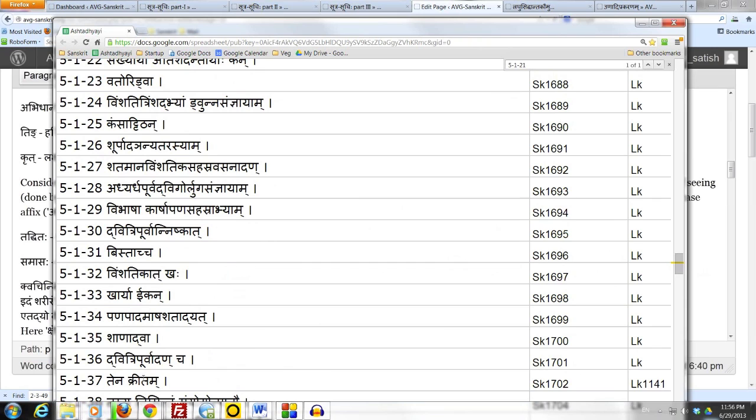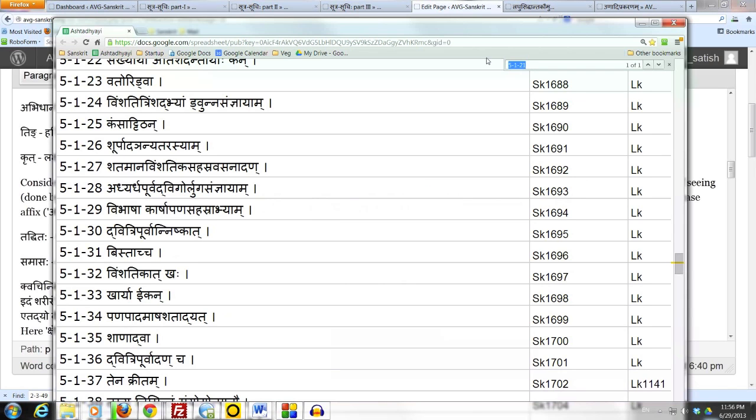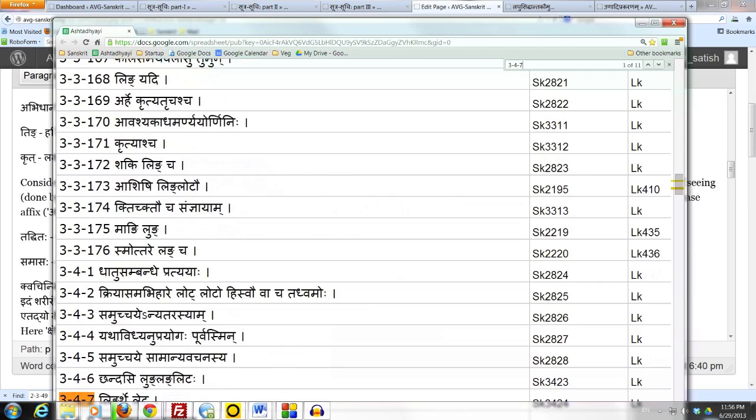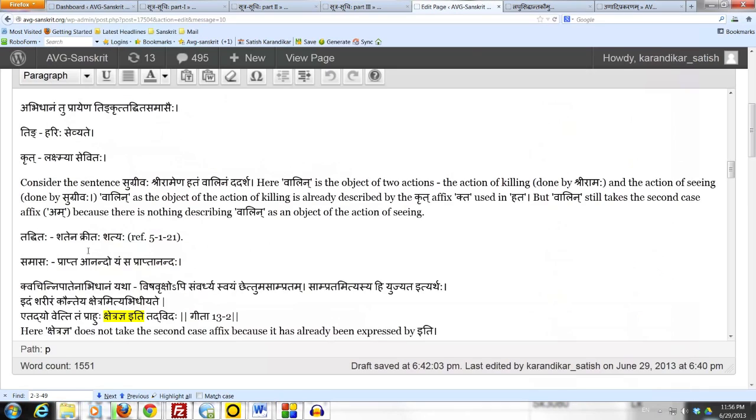The Sutram says Kritam, that the affix kta used in Kritam is in the sense of karmani by 3.4.70, Tayoreva krityakta kalarthaha. So the affix yat used in the sense of Tena Kritam already describes the object of the purchase. Hence the karma is now abhihitam, and therefore it does not take the second case affix.